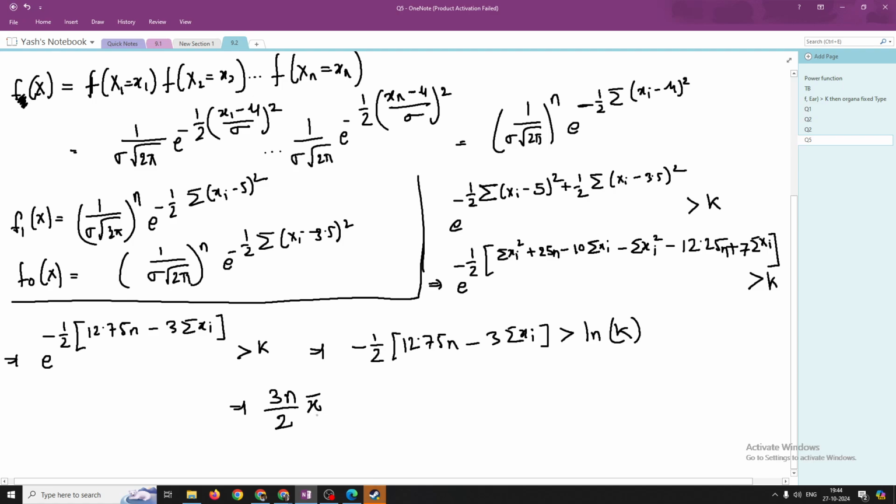So this becomes x bar, sample mean. What is 12.75 by 2? 6.375. I take that here. So natural log of k plus 6.375.